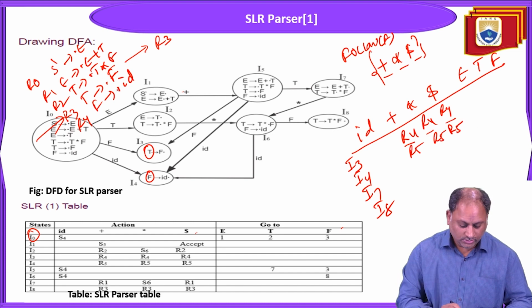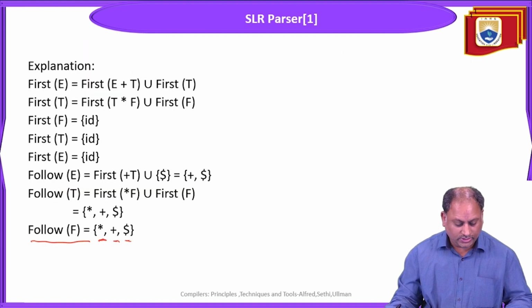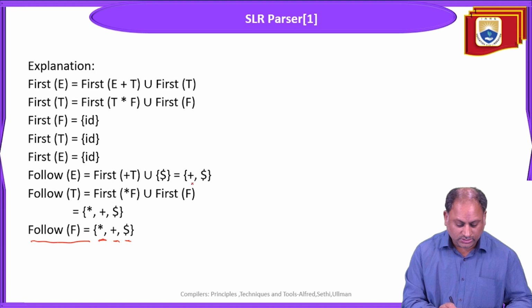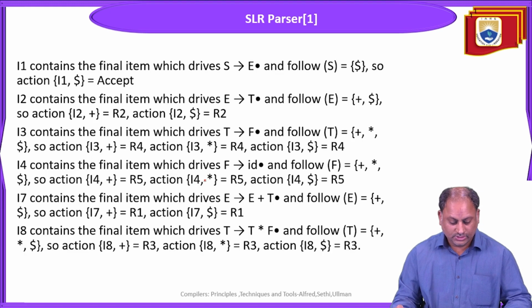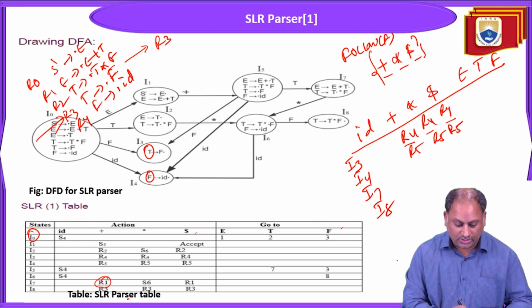So here are I5, I6, I7, I8. What is I7? I7 is follow of T, that is plus and dollar. There is one reduction rule for I7, that is E derives E plus T. So that rule is R1, and that's why plus and dollar.